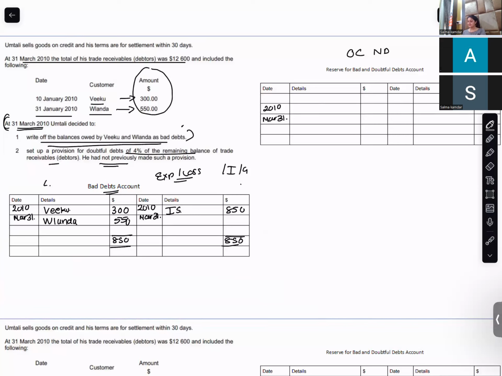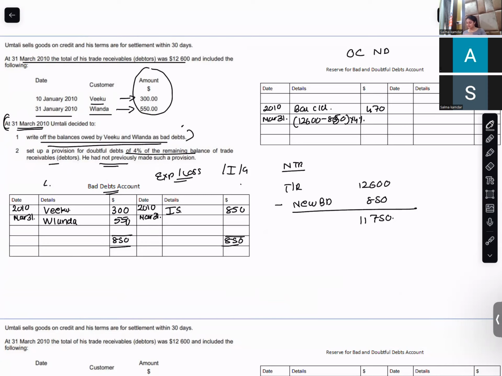It's always created as a percentage of NTR. So trade receivables are 12,600. Then we subtract 850, which gives us 11,750, and then we find 4% of it, which is 470.